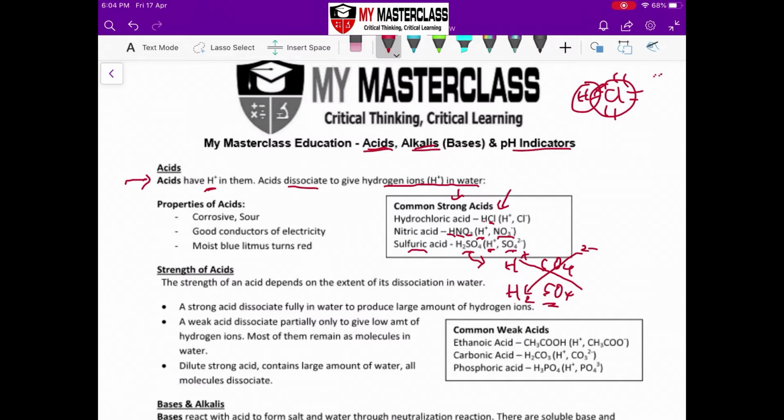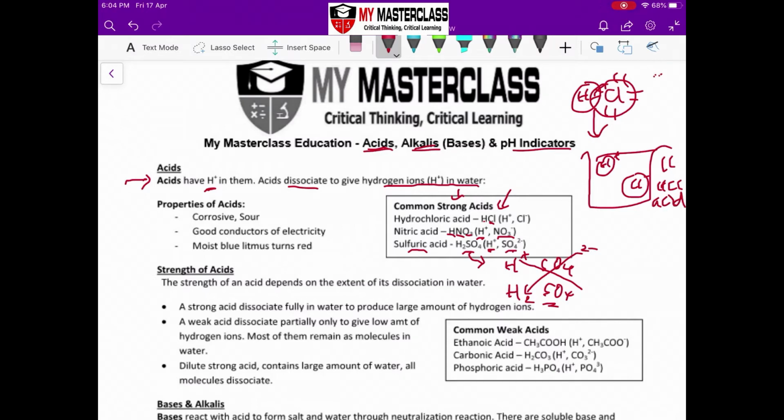If I have a beaker of water and I bubble this hydrogen chloride gas through the beaker of water, it will dissociate or ionize to form H plus and Cl minus. So it will separate out, it will dissolve. After that, this whole thing becomes your HCl acid, your hydrochloric acid.